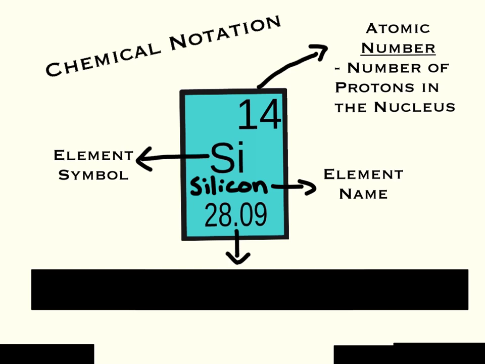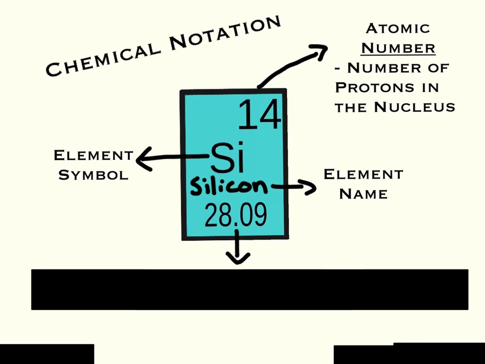Now, this other number that's usually with the notation is typically a decimal. It may be a whole number, as in 28.00, but there's always going to be a decimal with it.